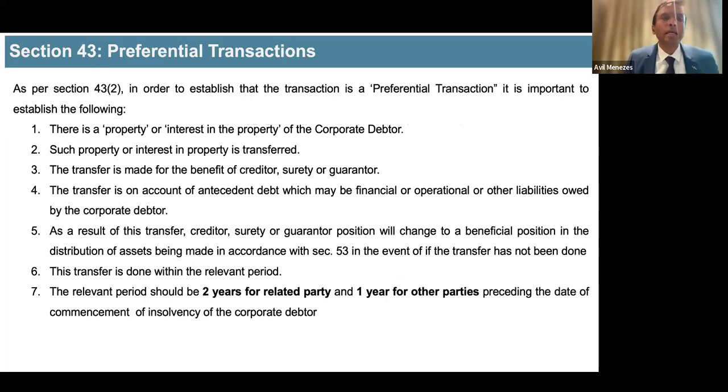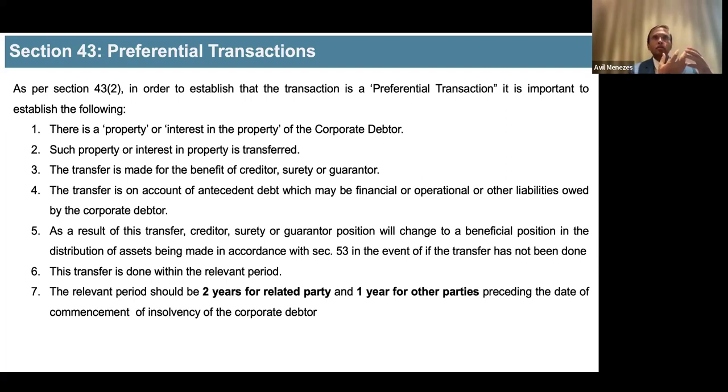So, preferential transactions. What are the ingredients? It's not a priority transaction, it's a preferential transaction. One, there is a property or interest in the property of the corporate debtor. Such property or interest is transferred. The transfer is made for the benefit of a creditor, surety, or a guarantor. And it is on account of an antecedent debt, which may be a financial debt or an operational debt or any other liability owed by the corporate debtor.